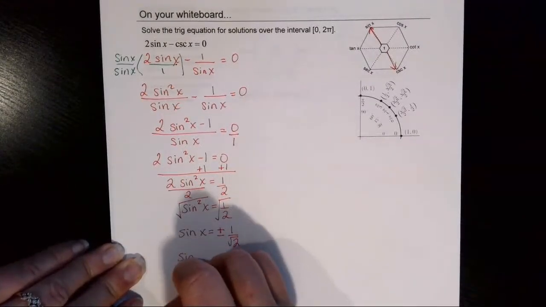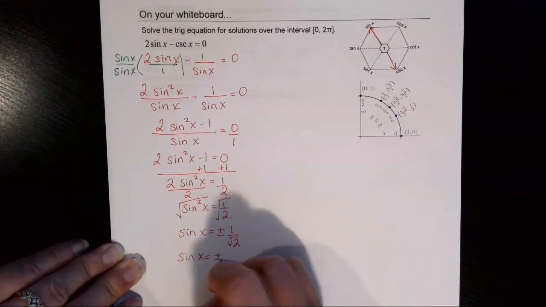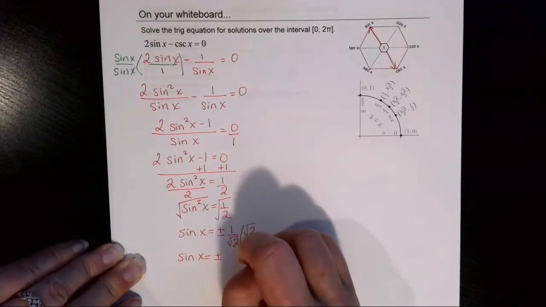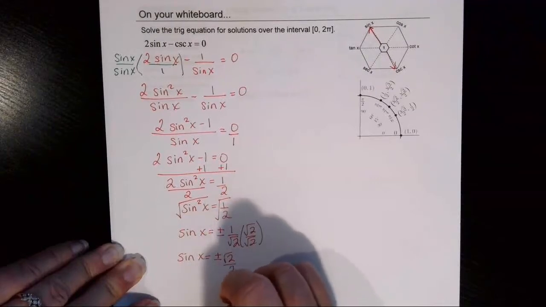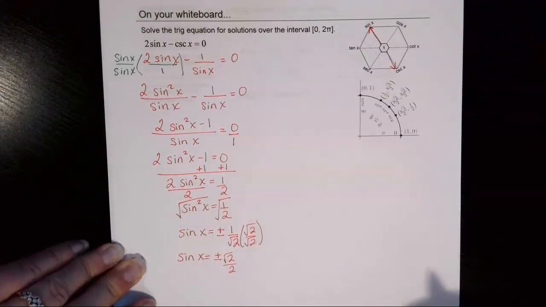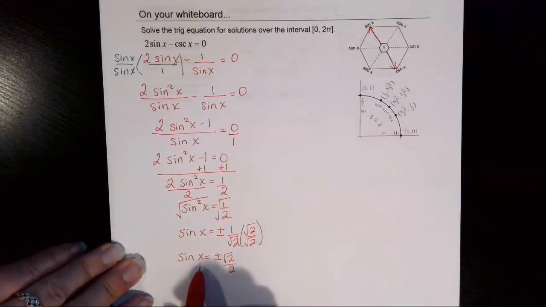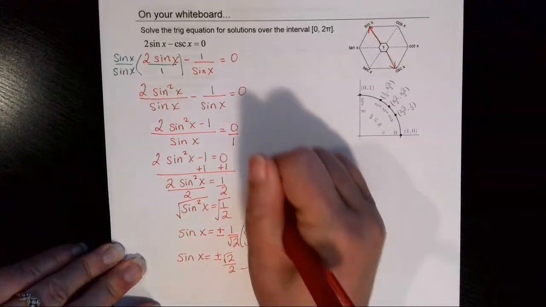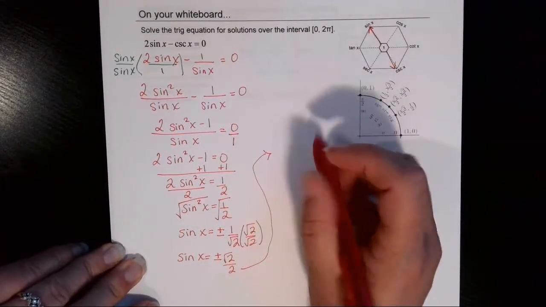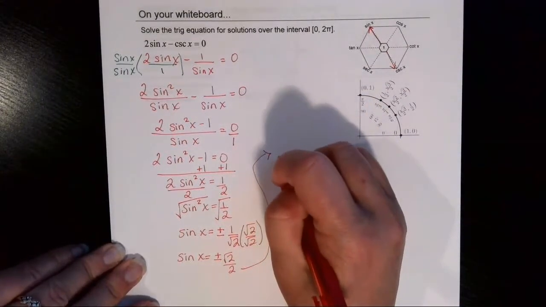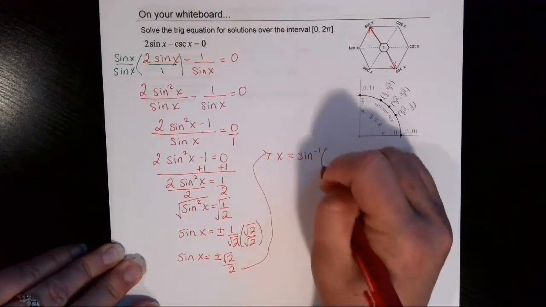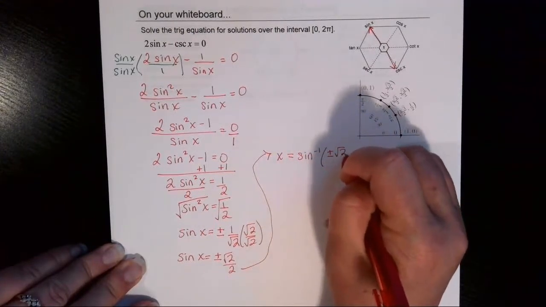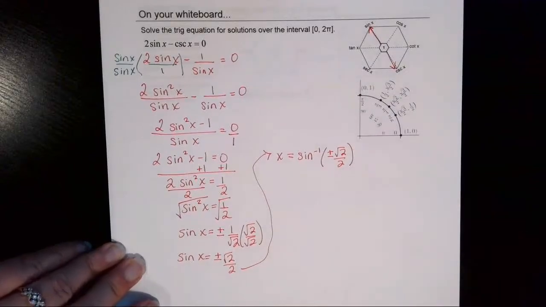So sine of x is equal to plus or minus, and then we're going to rationalize that denominator, and we have a plus or minus square root of 2 over 2. So to get the x by itself, now we're going to do an inverse, and the inverse of sine is arcsine. So x is equal to the arcsine of plus or minus root 2 over 2.